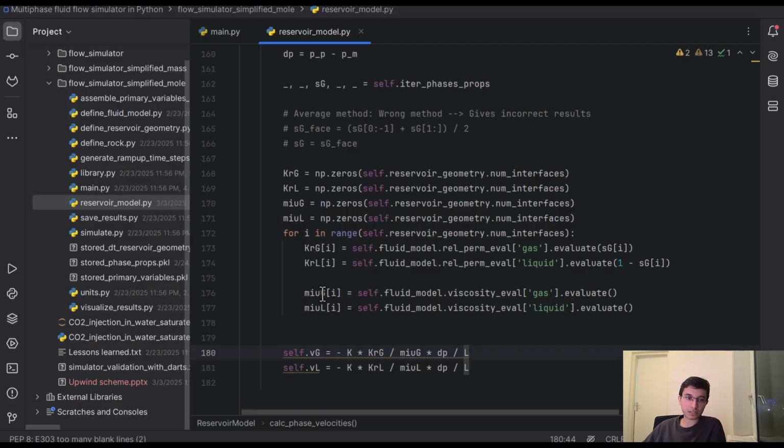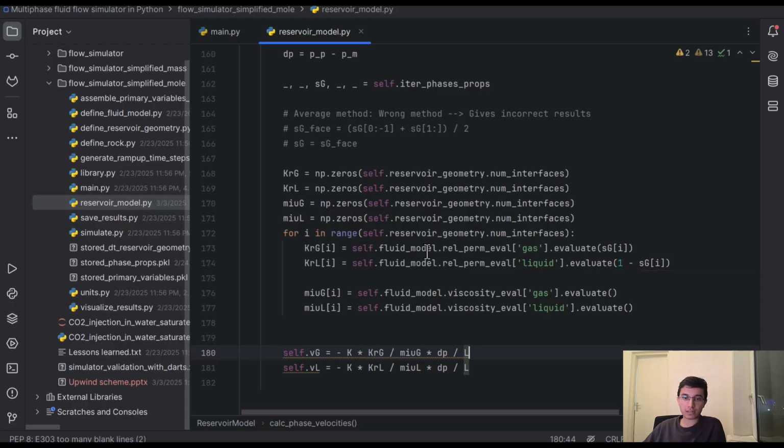But because it is not dependent on any variables, I have not applied the Upwind scheme on it at all, because we cannot do that due to the fact that it's not dependent on any variables at all. But KRG or KRL are dependent on phase saturation, and we have used the Upwind scheme here.